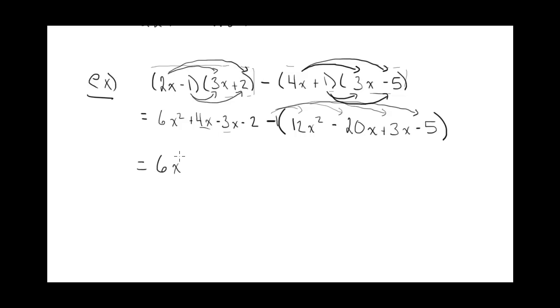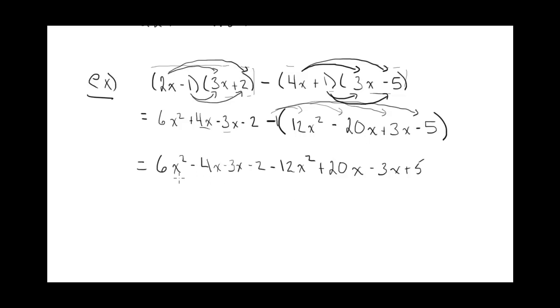So 6x squared minus 4x minus 3x minus 2, and then the minus 1 into each term. So minus 12x squared, basically it's just changing the sign of everything here, plus 20x minus 3x plus 5. So basically we just change the sign of all the terms here.